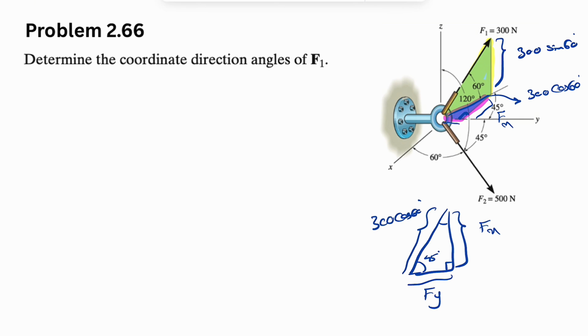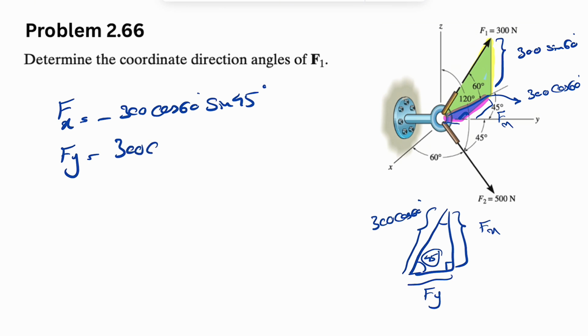So let's show each of them. Fx is negative, and the force is going to be 300 cosine of 60, which is the hypotenuse, times, if you go with this angle, sine of 45 degrees. So that's going to be our Fx. Fy would be, as we talked about, positive, so 300 cosine of 60 degrees.